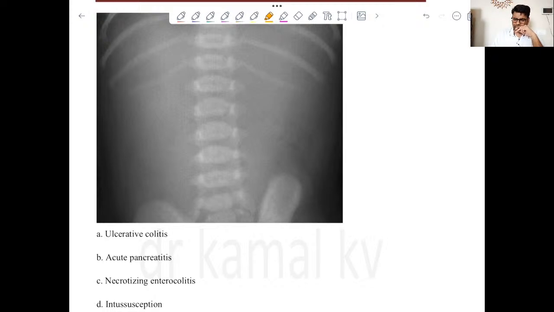Yes. So you can see this is an abdominal X-ray of a child, and what you can see here are all ribs. Okay, you can see the vertebral bodies and then the iliac wings here. Now what is missing from here? Yes, very good. What is missing is that we don't find any gas shadows.